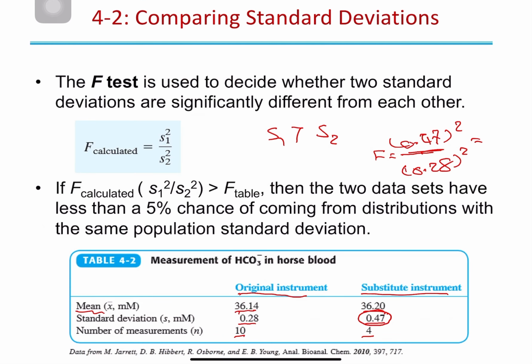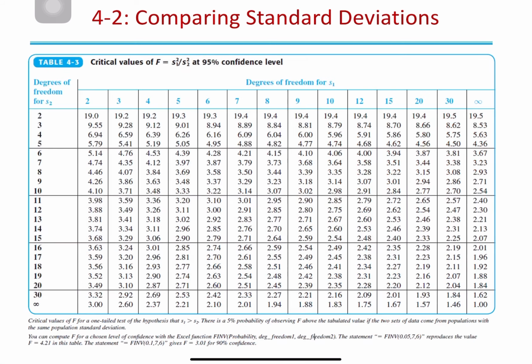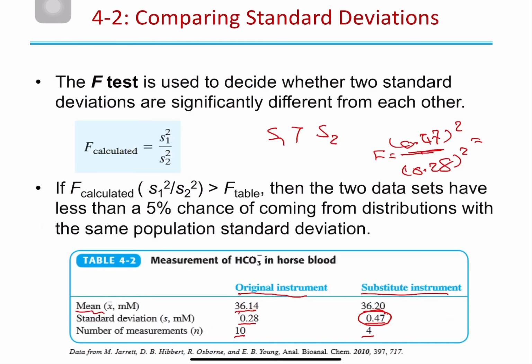The number of measurements for S1 here was 4, so the degree of freedom for S1 will be 3, and the degree of freedom for the second one will be 9.